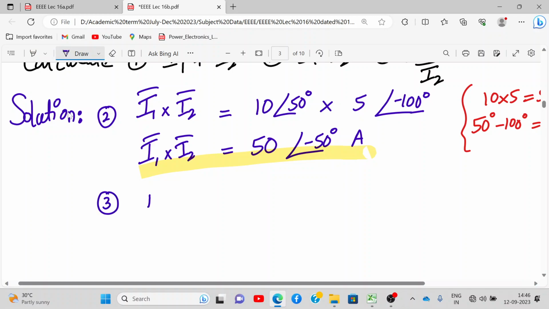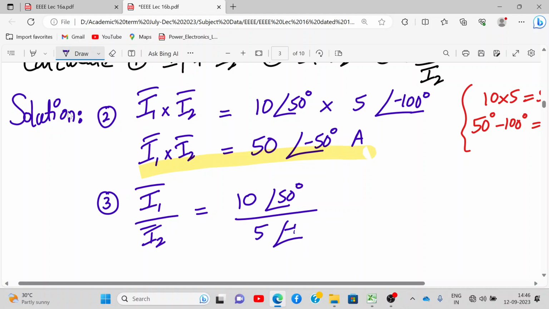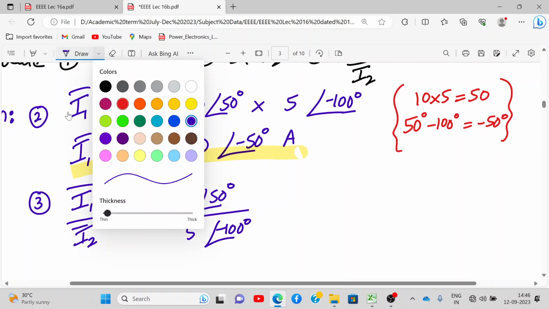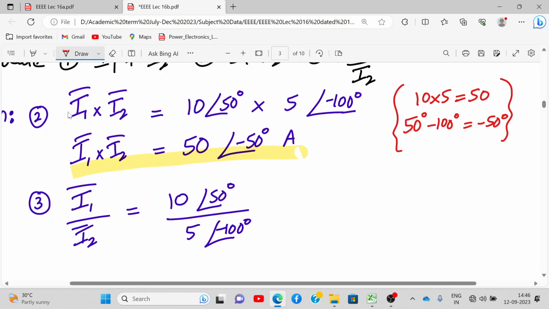What about division? I1 divided by I2 will be what? 10 angle 50 degree divided by 5 angle 100. So how will you divide them? If it is magnitude, you can divide it like this, 2. But what about the angles? Angles will subtract.